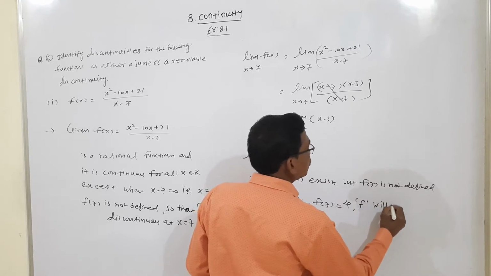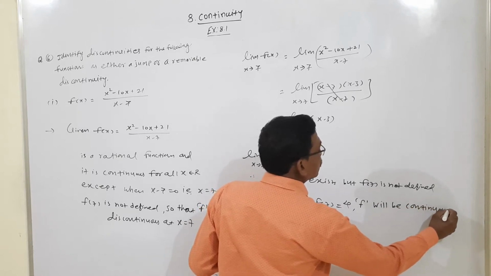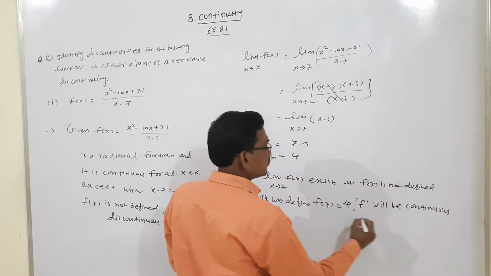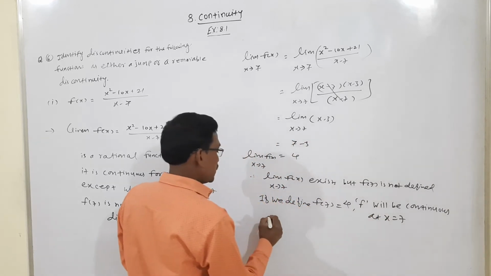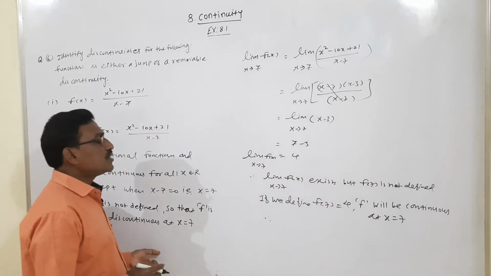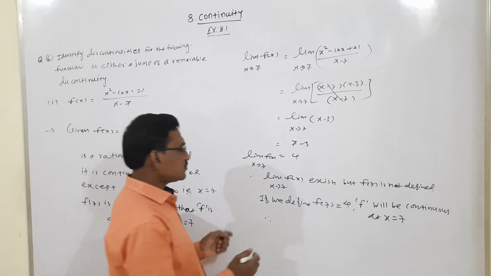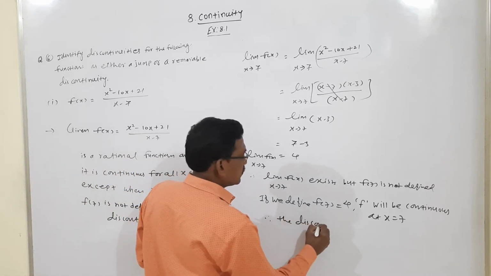The function will be continuous at x equal to 7, and therefore the given discontinuity is a removable discontinuity.